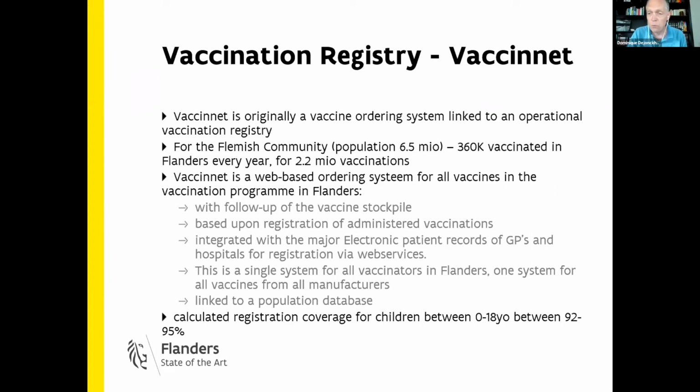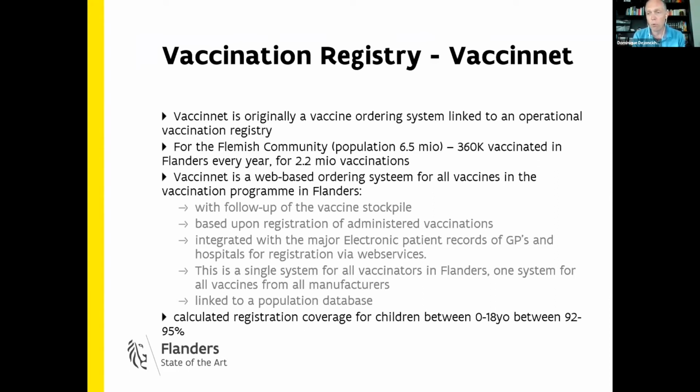So we were asked to roll out this program for the whole of Belgium because there was no other system in place that was able to react swiftly and become a COVID-19 vaccination registration system. We were asked to do this on November 20th last year, and we were able to roll out this project for the whole of Belgium within less than 5 weeks.